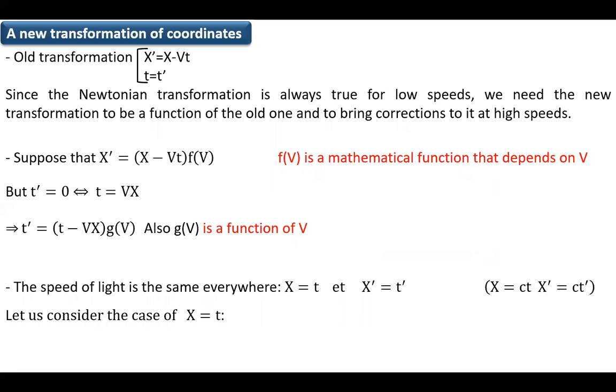Let me remind you of the old transformation, the Newtonian transformation, which tells us that x prime equals x minus Vt, and that time is absolute, that t equals t prime. This is the Newtonian transformation as we saw it in the last video, which is always true and applicable for low speeds.